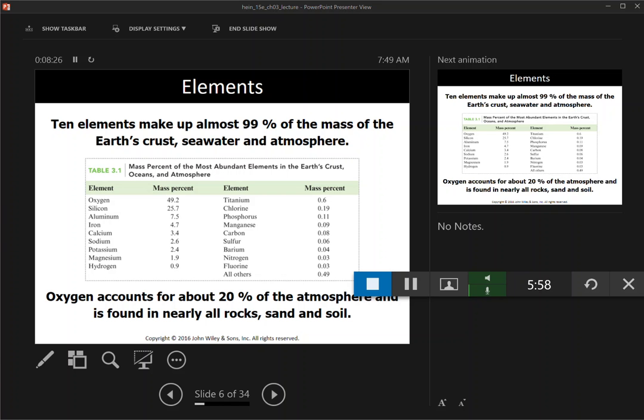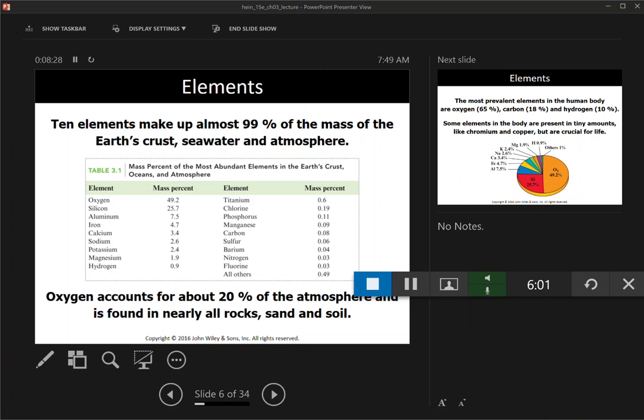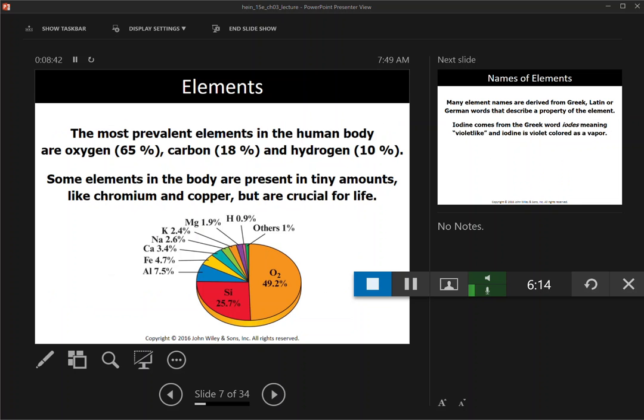Now, oxygen obviously makes up the most of the atmosphere, 20% of the atmosphere, and basically we can find oxygen everywhere. Now, just to give you an idea of the percentage of elements in a human body, as you see, we have traces of different metals and different elements in our body, but again, oxygen is the most abundant in our body.